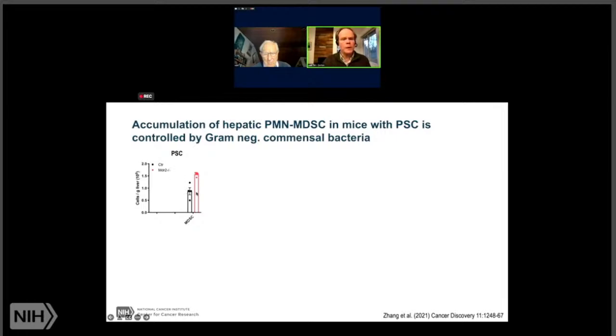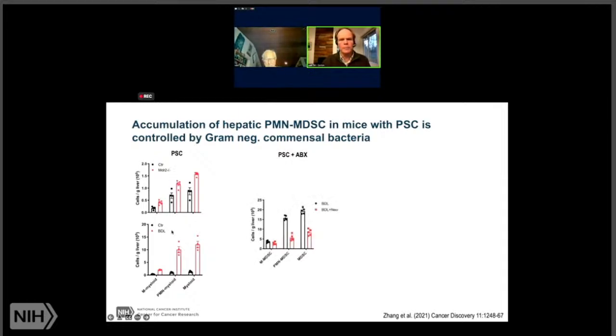You can see an increase of this cell in mice with PSC. We can further subdivide these MDSCs, and I'm not going to go into the details, into monocytic and polymorphonuclear MDSCs, and the majority of cells that we find are polymorphonuclear MDSCs. This does not only apply to one model, but we can also find this in the second model.